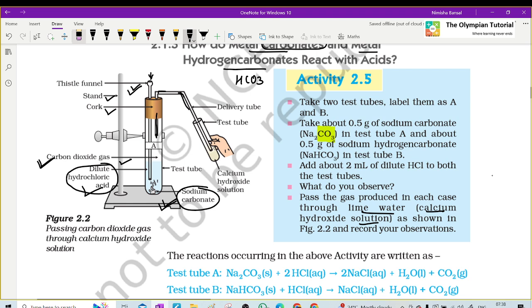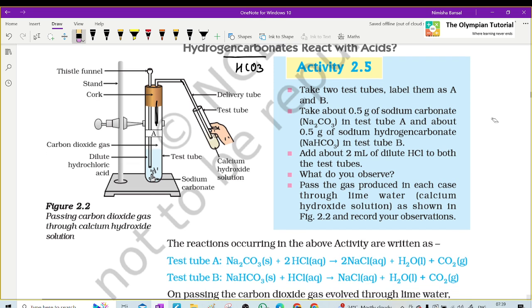Take two test tubes, label them as A and B. Take about 0.5 grams of sodium carbonate, Na2CO3, in test tube A and about 0.5 grams of sodium hydrogen carbonate, NaHCO3, in test tube B. Add about 2 milliliters of dilute HCl to both the test tubes. What do you observe? Pass the gas produced in each through lime water, calcium hydroxide solution, as shown in the figure and record your observations.